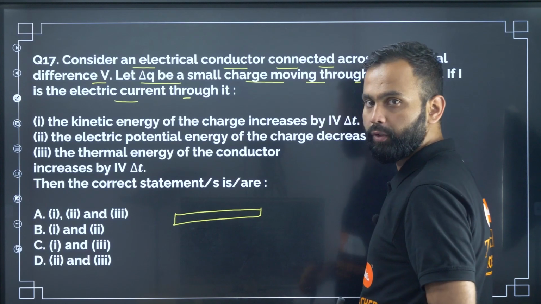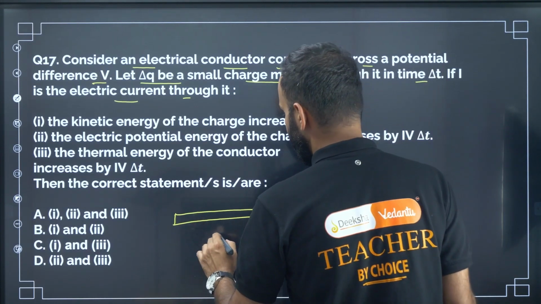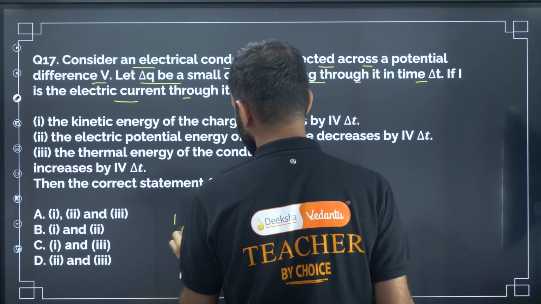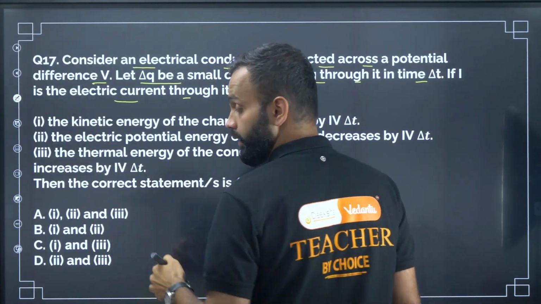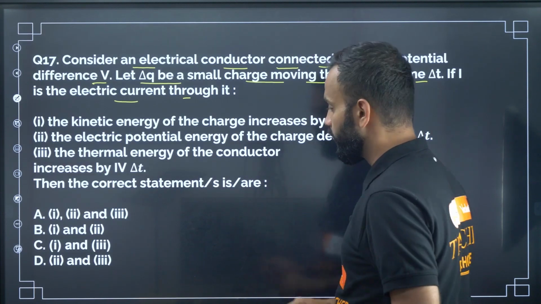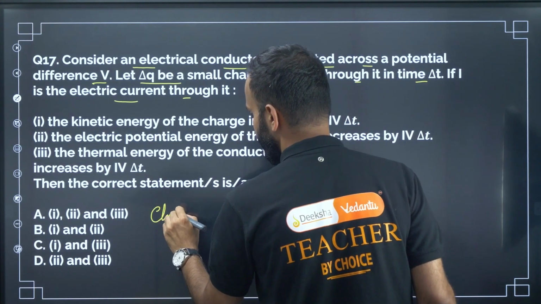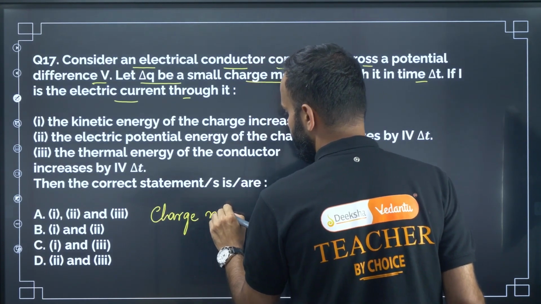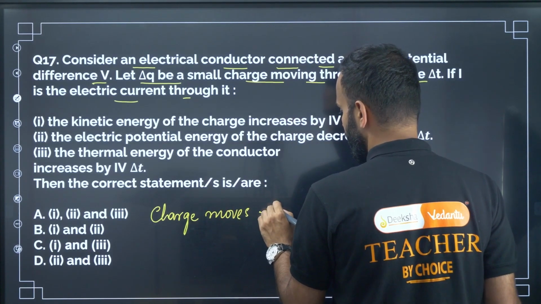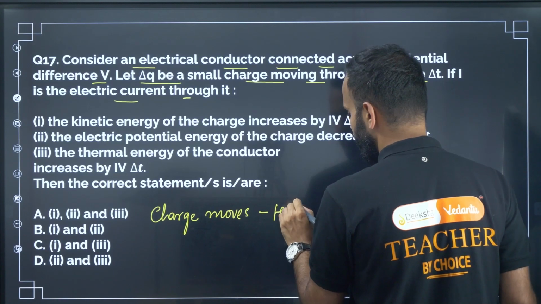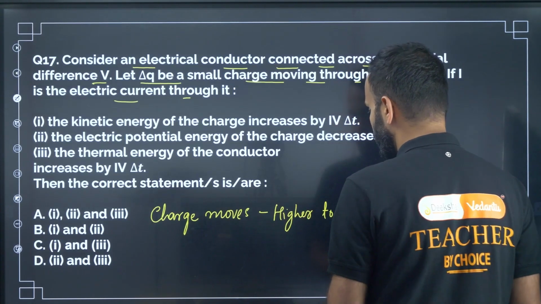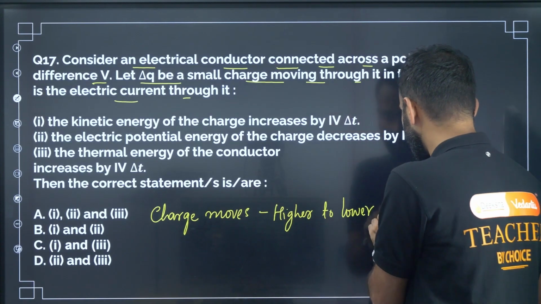When charge moves through the potential difference, it moves from higher potential to lower potential, right?